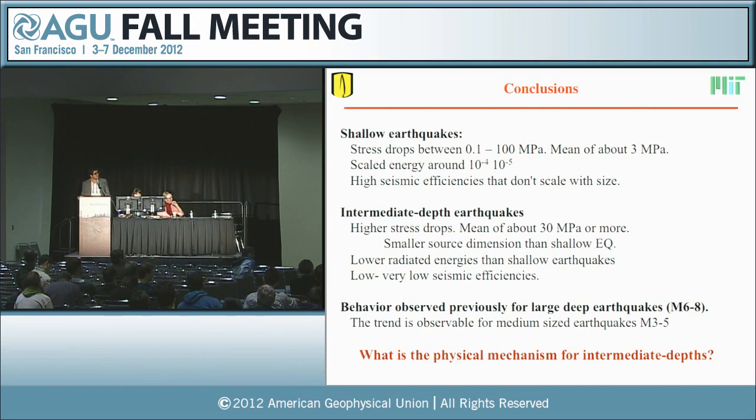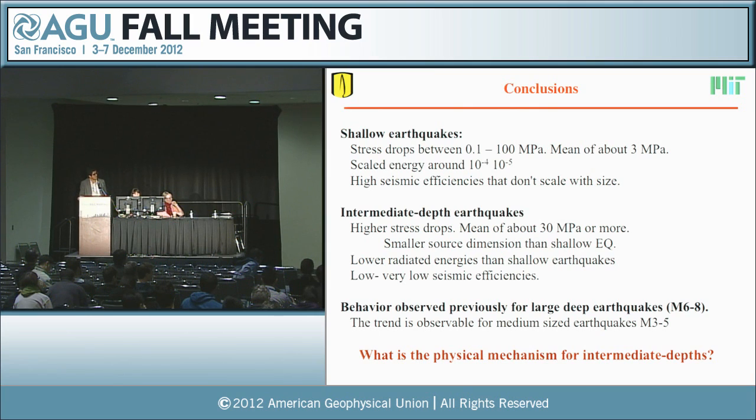What we get is very low seismic efficiencies, and this has also been observed for deep earthquakes, but mostly for larger deep earthquakes, magnitude 6 and above. What we're seeing here is a collection of medium-sized events, magnitude 3.5 to 5.2 at intermediate depth, that also show lower seismic efficiencies than their shallower counterparts.